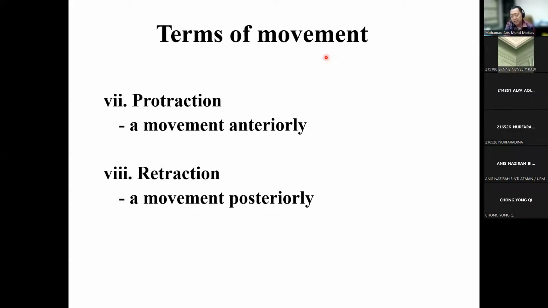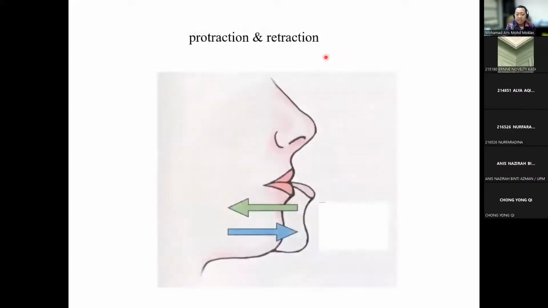Protraction and also retraction. Which part of your body, I'm talking about the joint, the joint that can perform movement anteriorly and posteriorly, means that move forward and move backward. Right? Which part of your body? Huh? So the only part of your body that is able to perform protraction and retraction is only your lower jaw.